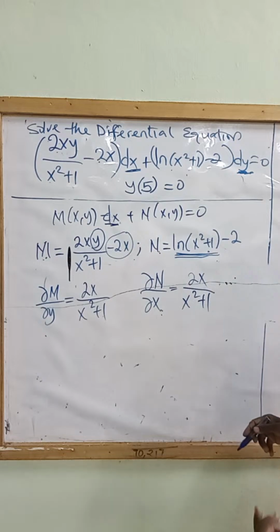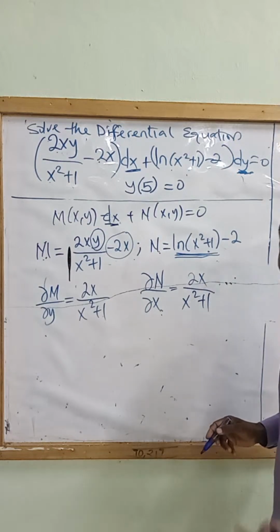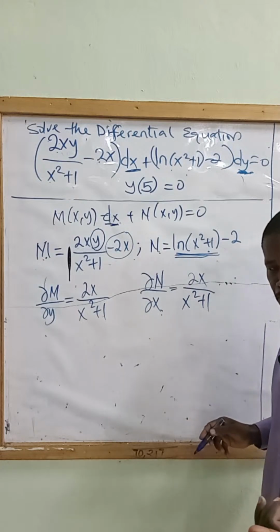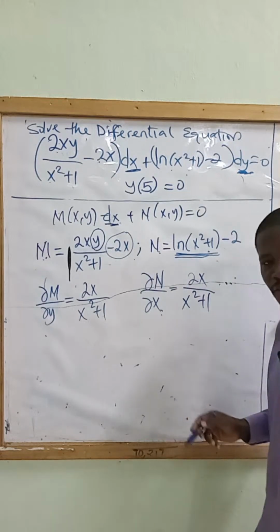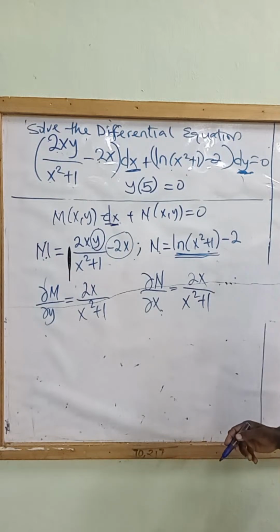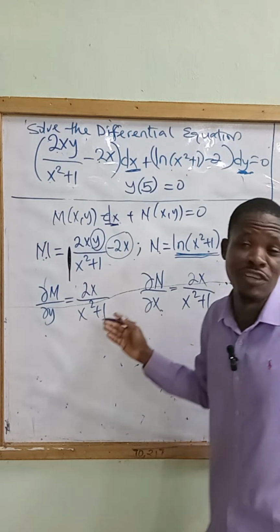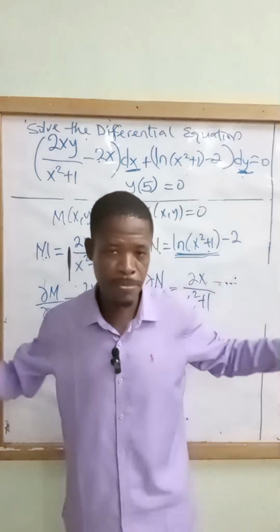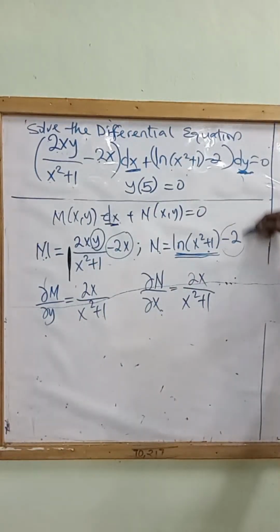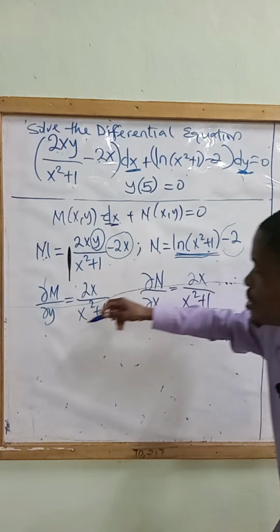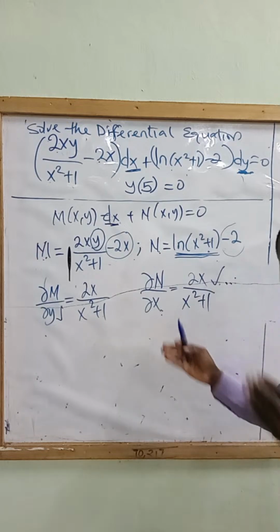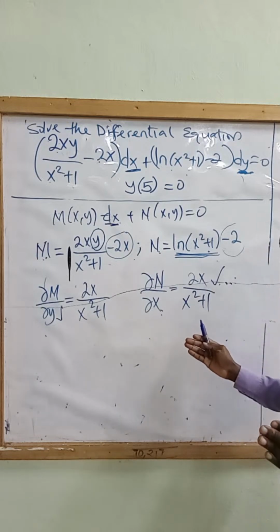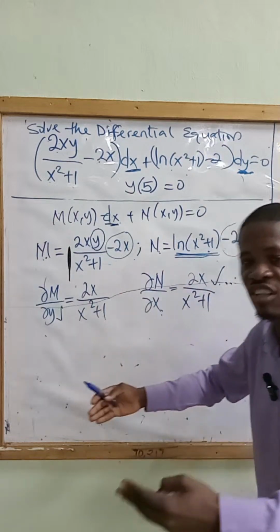Let me repeat myself: when you are differentiating natural logarithm, you differentiate the inner function over the function itself. The constant here is 0. If you check now, the first partial differential and the second partial differential, you realize that they are equal, and that shows that the equation is exact.